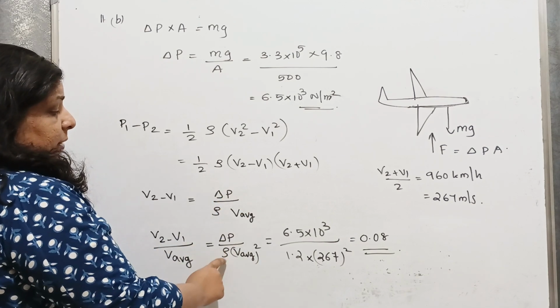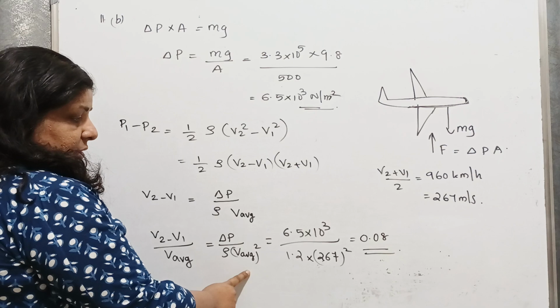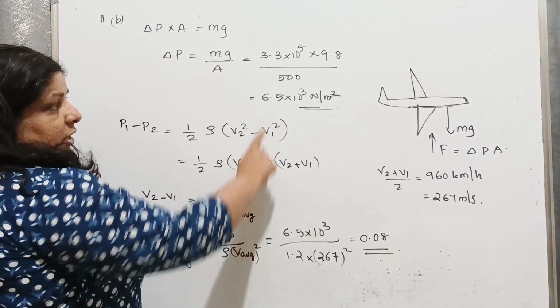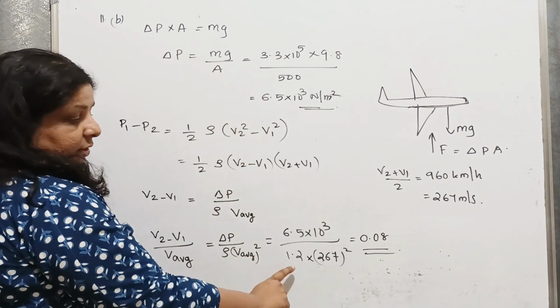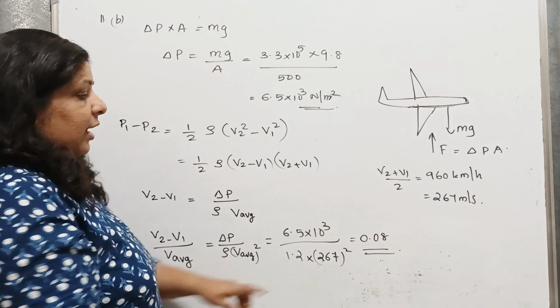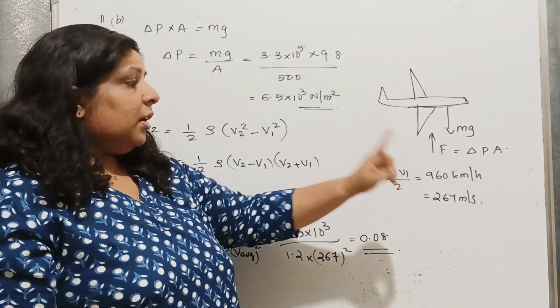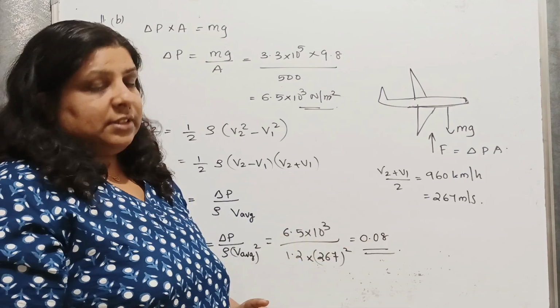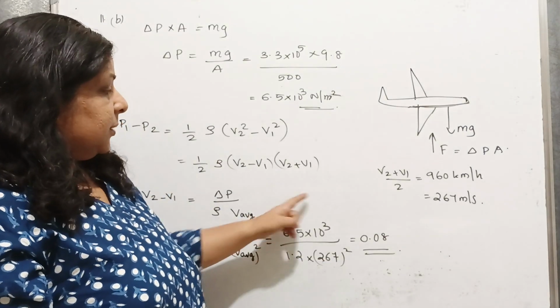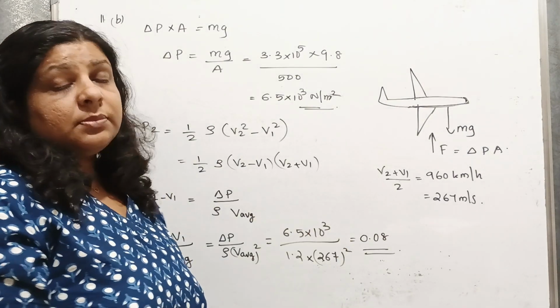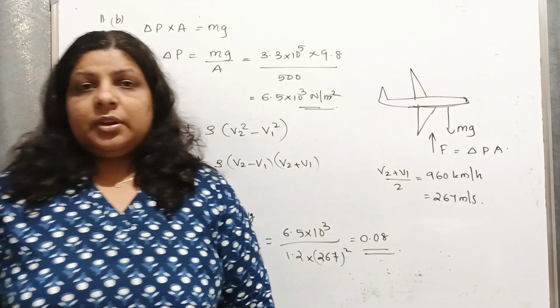So it will become delta P divided by rho into V average square. Substituting the values, delta P we already have. Density is given in the question, 1.2. Then average speed, the level speed is given as 960 km per hour. Converting into meter per second you will get 267. So on substituting all the values you will get the answer as 0.08. Okay. So check.